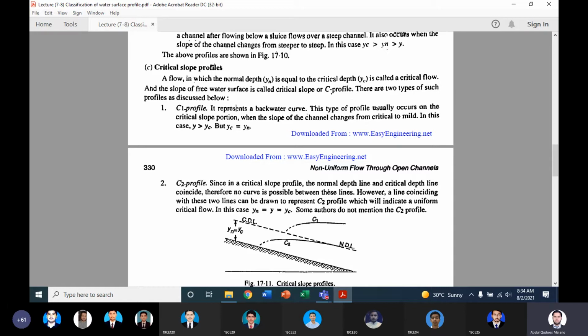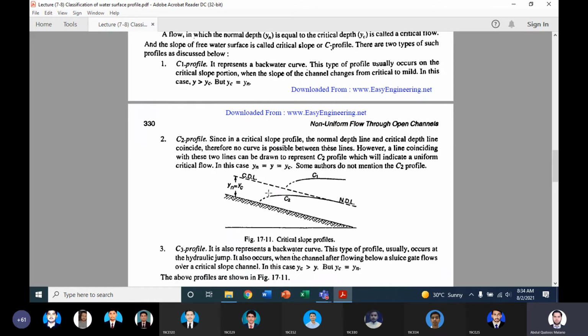So there are two types of such profile, C1 and C3 only. ठीक है, C2 इसमें possible होगा ही नहीं, because C2 would only be possible if one of them, whether the normal or the critical depth, is greater than the other. इसमें दोनों बराबर हैं, so the second zone has vanished. Now only zone 1, the space above the normal and critical depth line, and zone 3, the space below the critical depth line and normal depth line. ये दो ही होंगे इसमें.